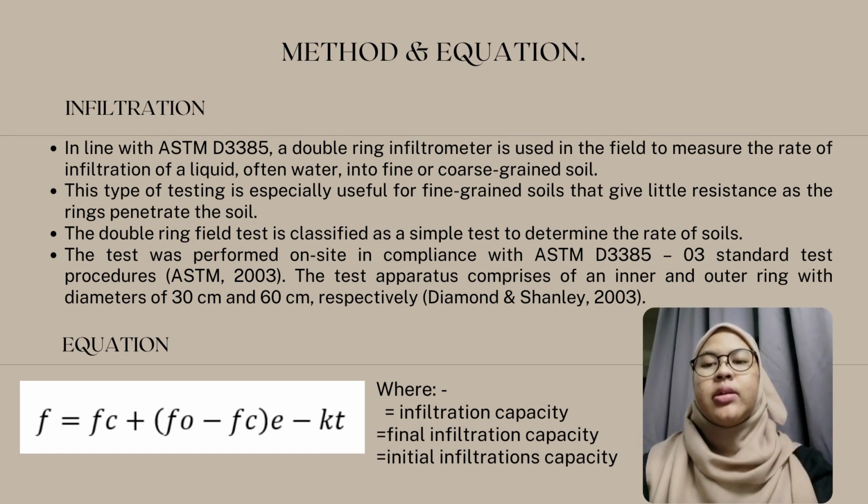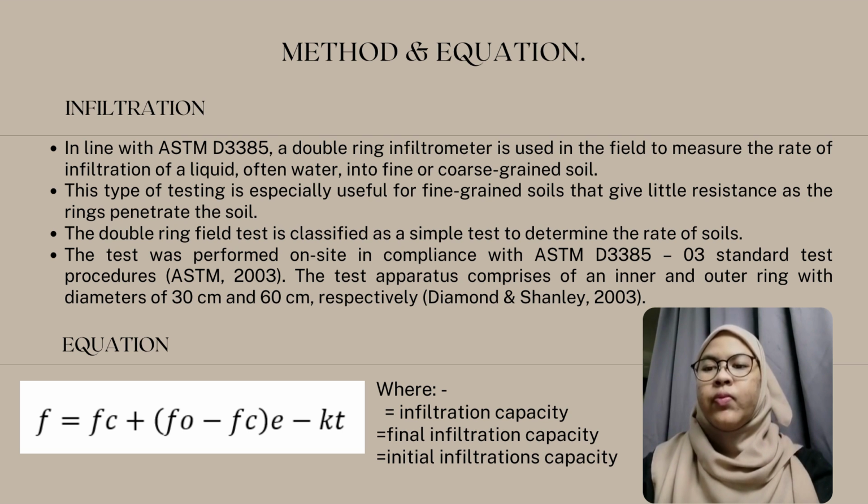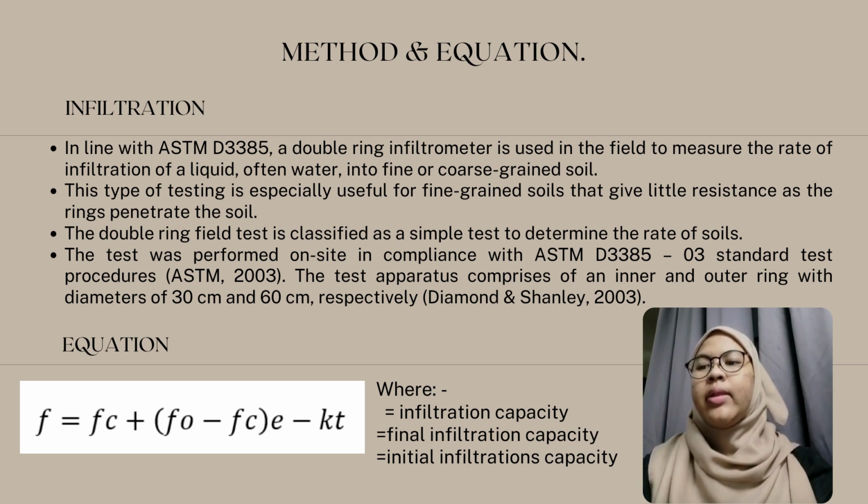Next, infiltration. A double ring infiltrometer is used in the field to measure the rate of infiltration of liquid, often water, into fine or coarse-grained soil. This type of testing is especially used for fine-grained soil that gives little resistance as the ring penetrates the soil.